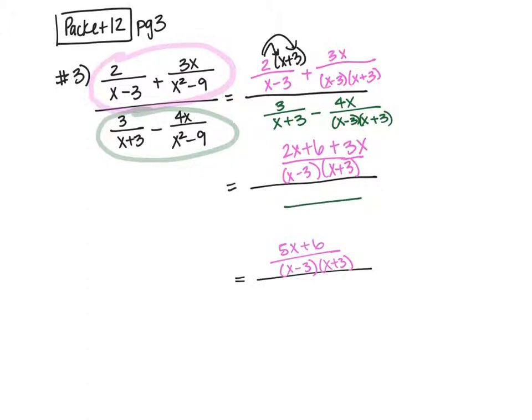If I grab the factors, I have x plus 3, bring it down, then x minus 3, bring it down, and then another x plus 3, so I'll bring that down. So I have x plus 3 and x minus 3.